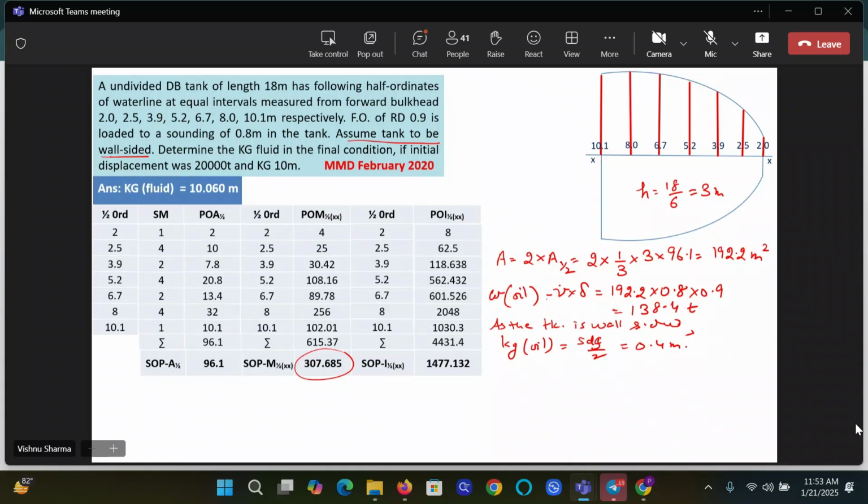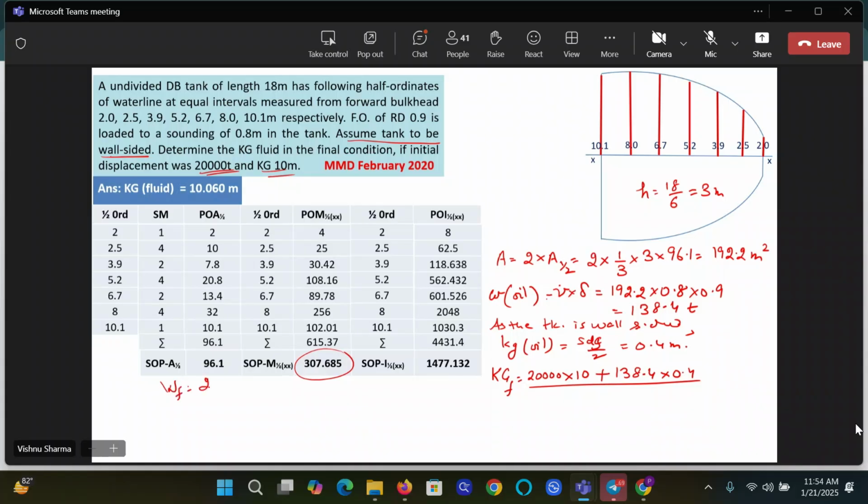So we have the initial displacement, we have the initial kg in the question, we have the weight of the oil taken, and we have the kg of the oil. So can you please calculate the kg final, guys? It will be 20,000 initial vertical moment, 20,000 into initial kg, plus the vertical moment of the oil taken, 138.4 into 0.4, divided by the final displacement.